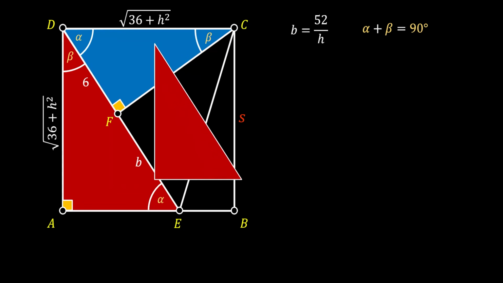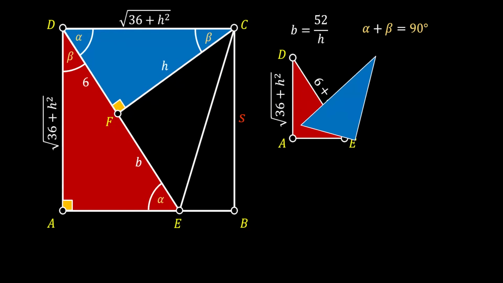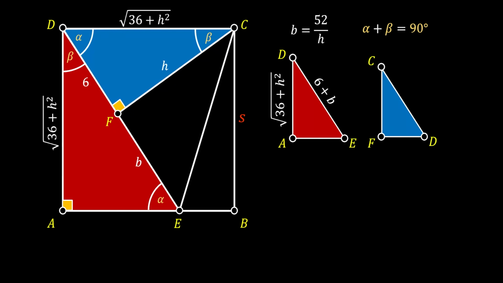So let's isolate them. First we will isolate our red triangle, and we will write down the value of its height and its hypotenuse. And we will do the same for the blue triangle, but I will reorient it the same way as the red one, so you can follow along more easily. And we will also label the height and the hypotenuse of the blue triangle as well.